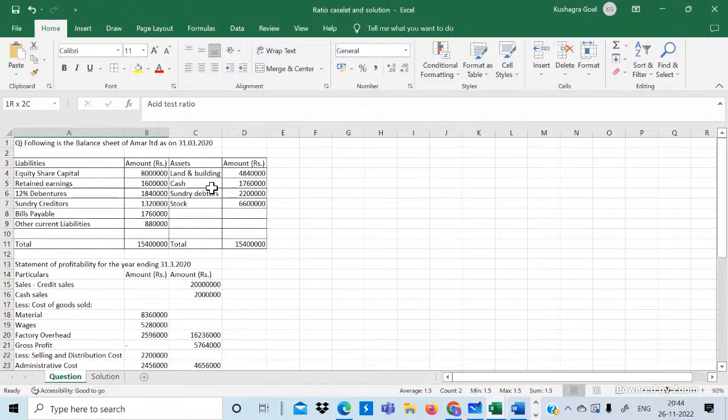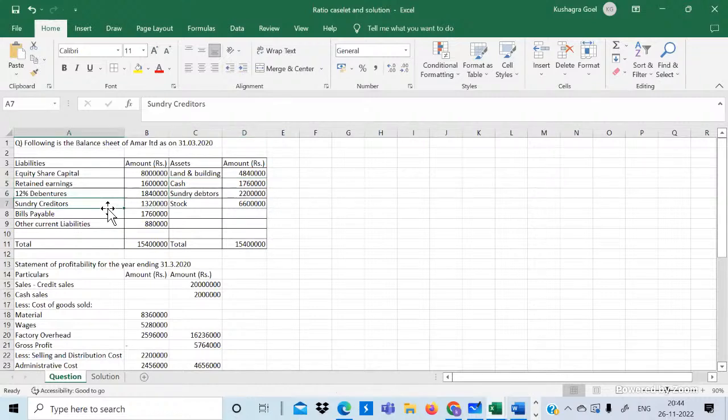So one thing is I first take all my current assets, and then I reduce stock and prepaid expense. Or alternatively, I just look at my quick current assets. My quick current assets consist of cash and debtors. So I'll take cash and debtors, and that will come in the numerator and I'll divide it by my current liability.